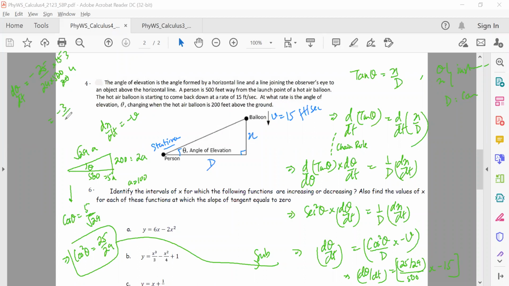So that's 36 plus 80, 116. So d theta by dt will be this in SI units because feet will cancel out. So it is per second. So d theta by dt's value will come out to be minus 3 by 116 radians per second. So that should be our final value, that d theta by dt is minus 3 by 116 radians per second, just as dx by dt is minus 15 feet per second.